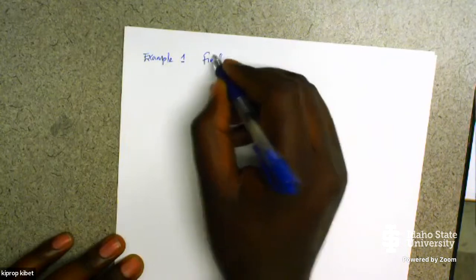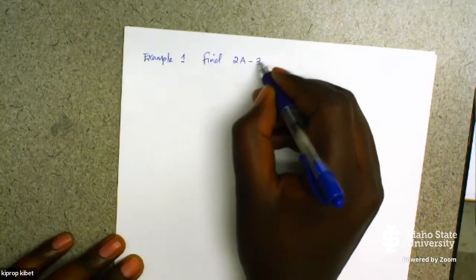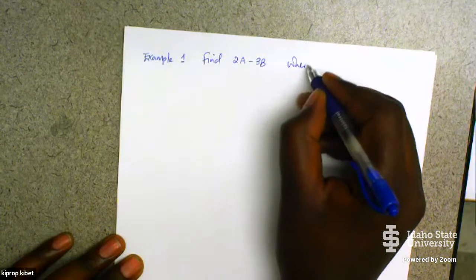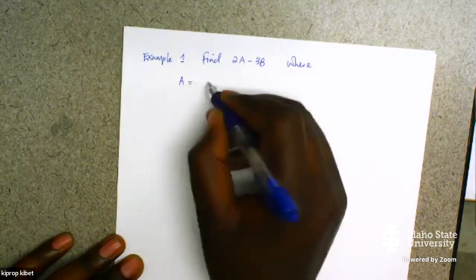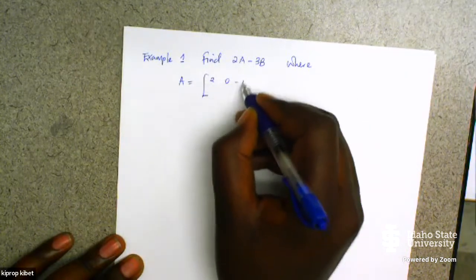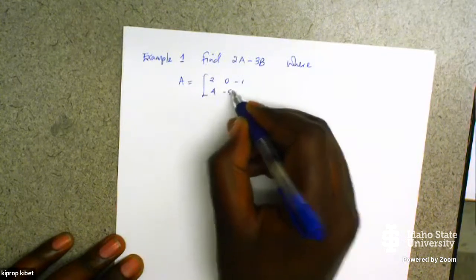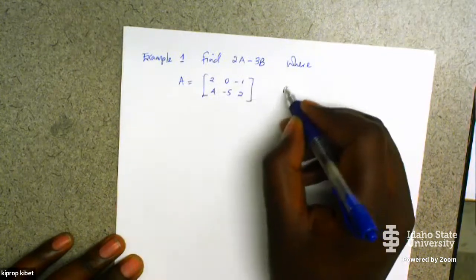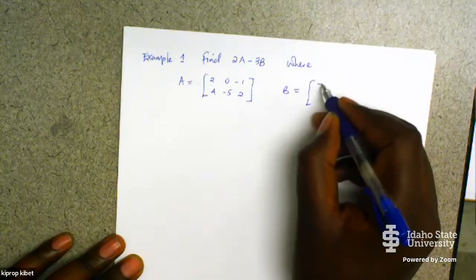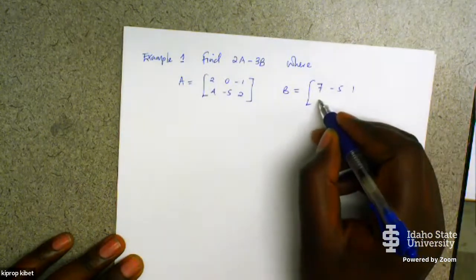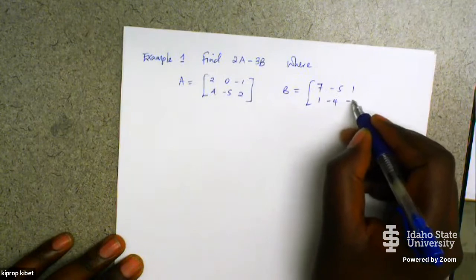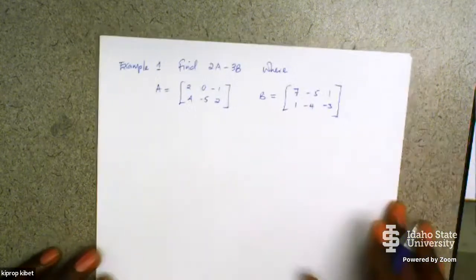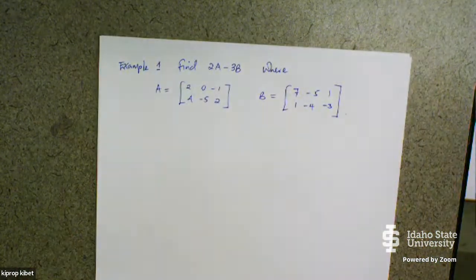Find 2A minus 3B, where A equals 2, 0, minus 1, 4, minus 5, and 2, and B equals 7, minus 5, and 1, 1, minus 4, and minus 3. So it's combining scalar multiplication and addition.